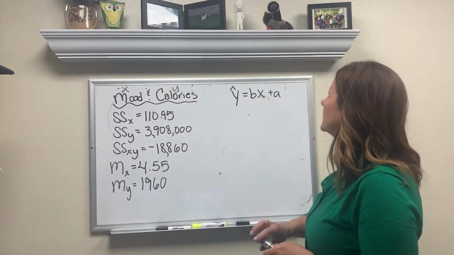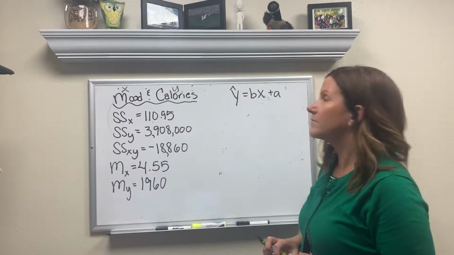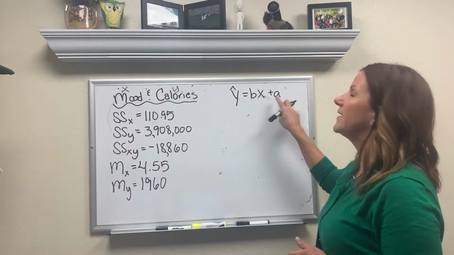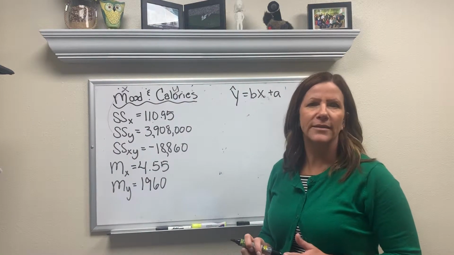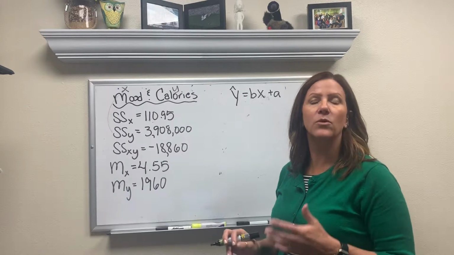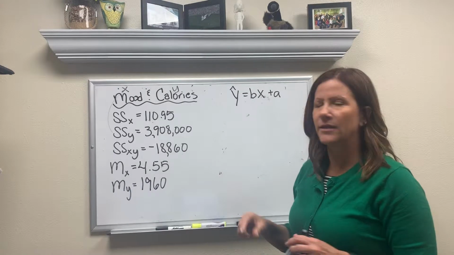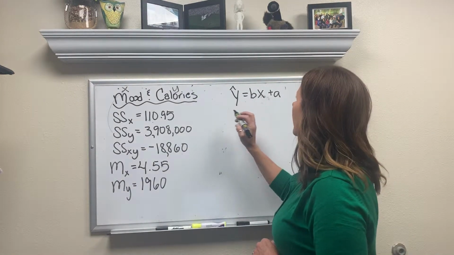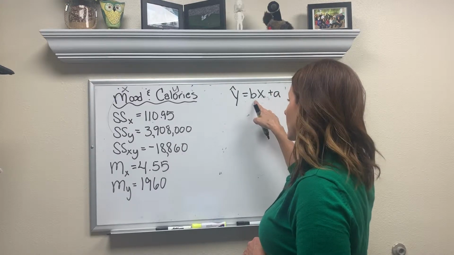So here is, at the most basic, our regression equation, and it's ŷ equals bx plus a, and you'll see this little hat, and that is just really stating that this is a predicted y. It's not an actual score, it's a score that we're predicting would occur if x was something. And so I'm going to give you an outline of how we come up with our slope.